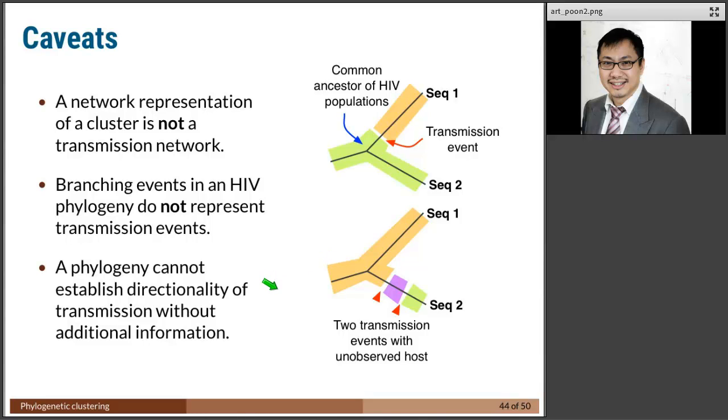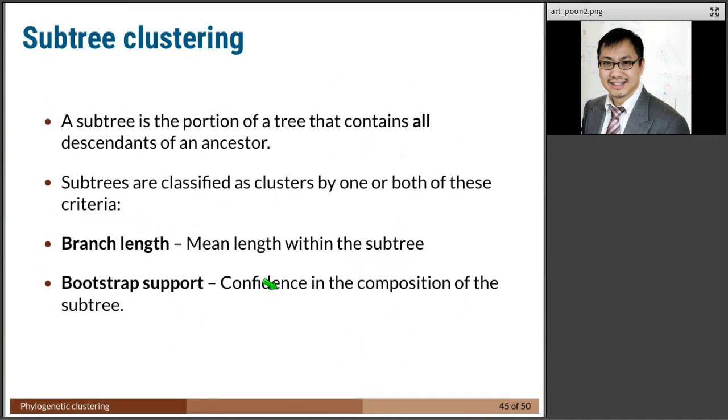So we can't use the phylogeny to establish directionality of transmission, not without additional information. It's not the kind of thing that I think should be done. I'm certainly not attempting to do that. All that we're trying to do is use a tree to characterize variation in transmission rates in populations. Okay, so hopefully those are some caveats that I just wanted to mention about clustering.